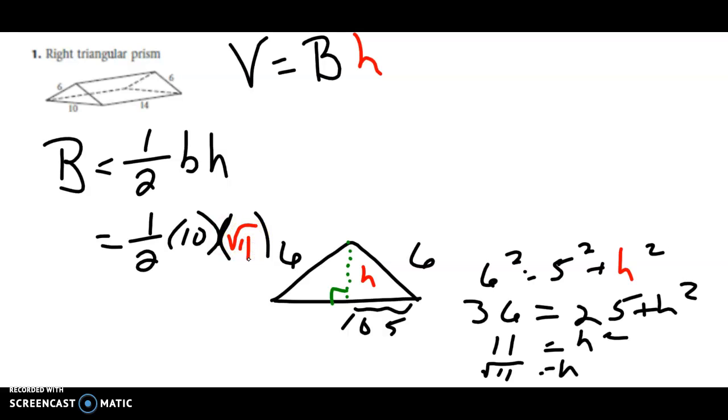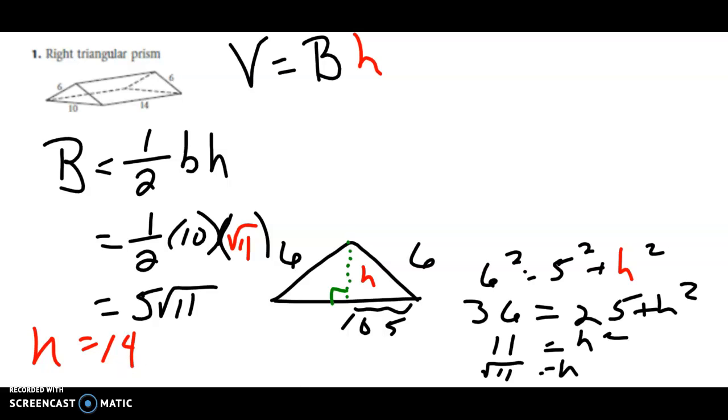All right, so if I multiply all that out, 1/2 times 10 is 5. So the base area is going to be 5 times the square root of 11. That's what we're going to substitute in for B. And then our actual height of the prism is going to be 14.